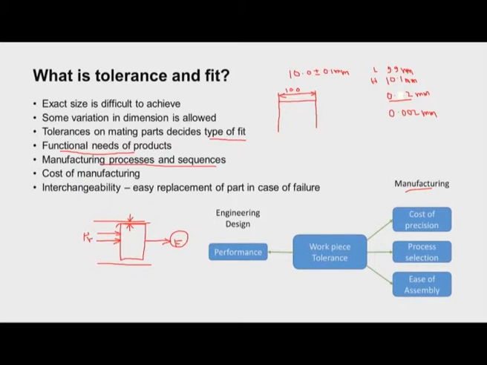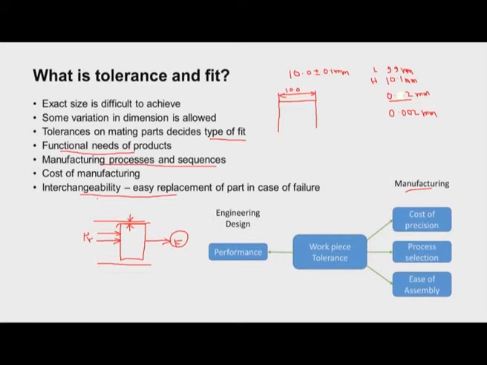And what is the effect on the performance? It will definitely affect, as we saw in this particular case. So before the tolerances are assigned, it is very essential that the functional needs as well as the manufacturing aspects should be considered.